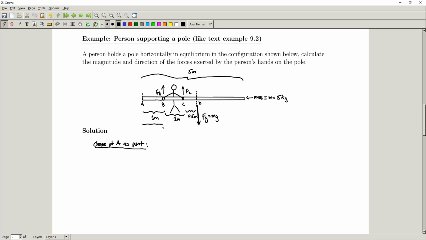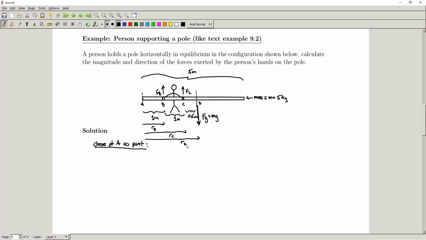So we'd have one distance here. I'm going to call this RB. So this is where our force vector from our right hand is being applied. I'm going to call this distance out to C, RC, and this final distance all the way out to D will be RD.